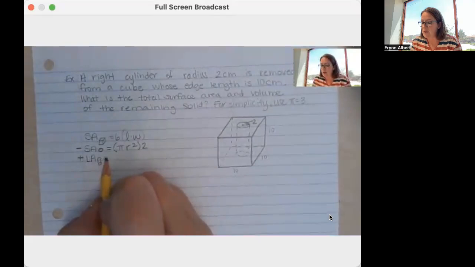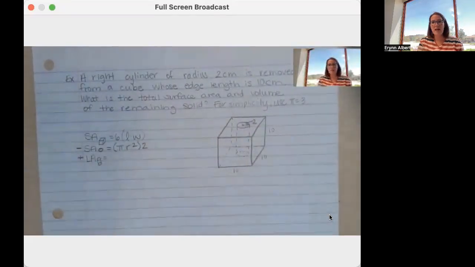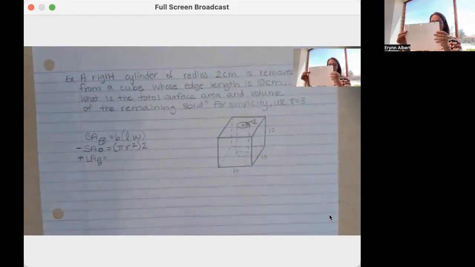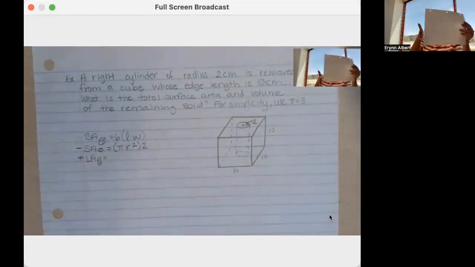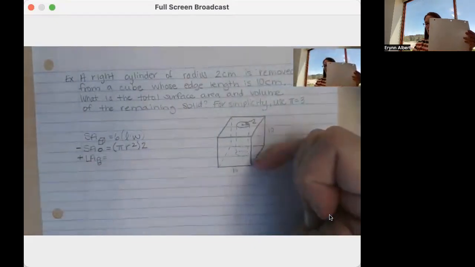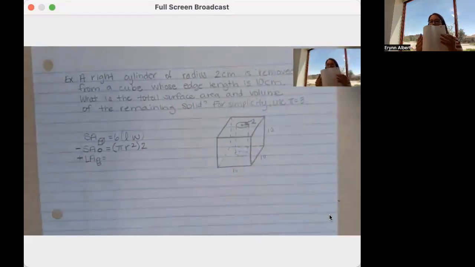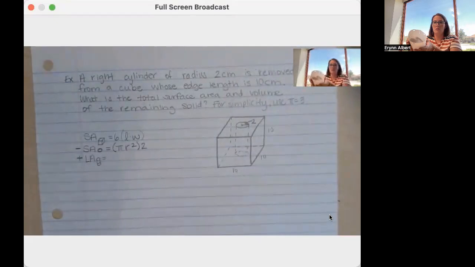Now let's think about this. If we had a cylinder, here's my cylinder, and I wanted to unwrap this, it would become a rectangle, right? The height of this rectangle would be equivalent to the cube height. But what about this length here? If I made this into my cylinder, it's a circle.